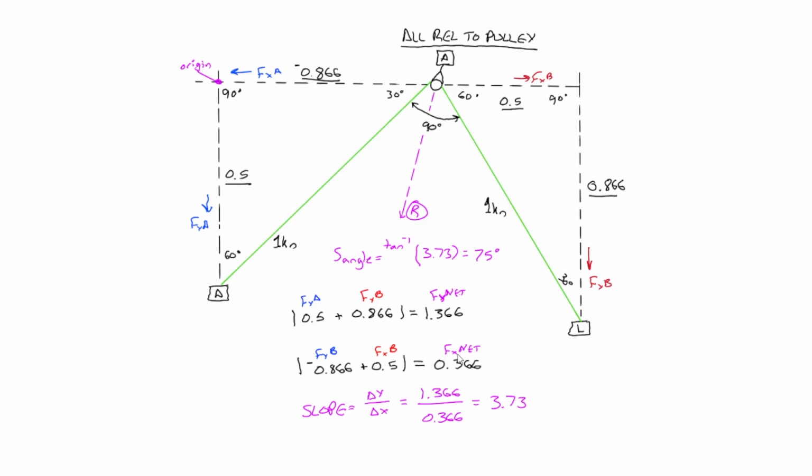So net force on the x-axis is 0.366, and we can calculate our slope, which is rise, 1.366 over run, 0.366, giving us 3.73. And we can use that to calculate our angle, which is the inverse tangent of our slope, and that gives us 75 degrees, relative to the origin. So relative to the x-axis, 75 degrees, so this would be our resultant force.